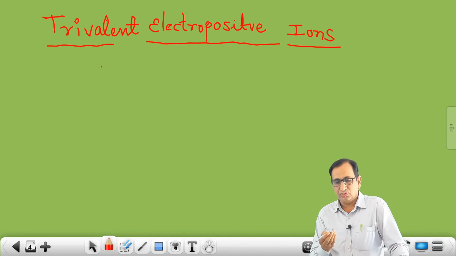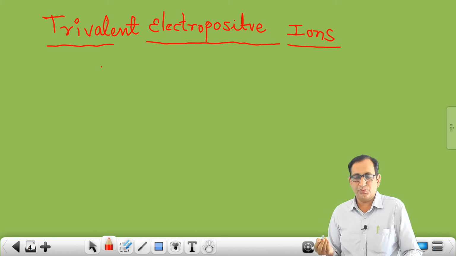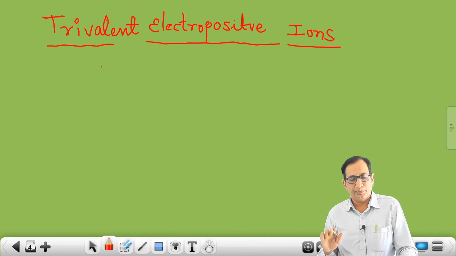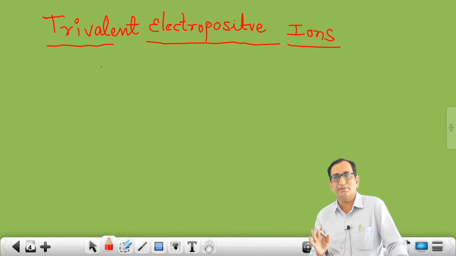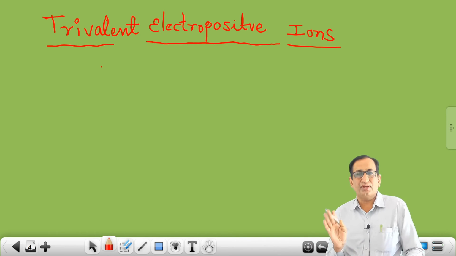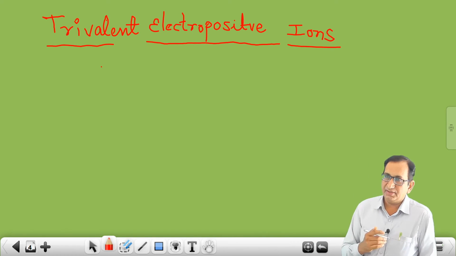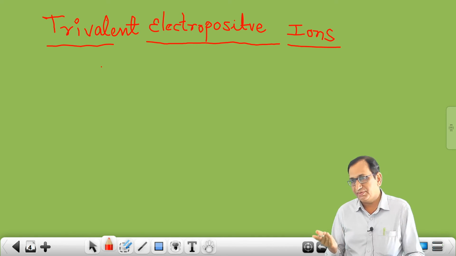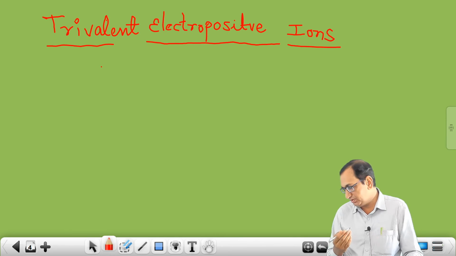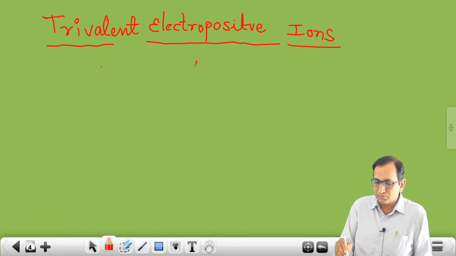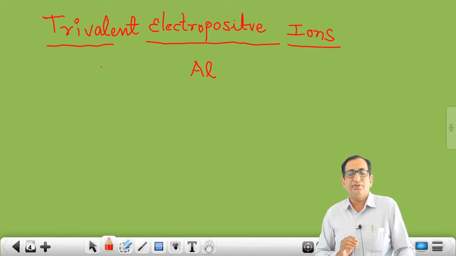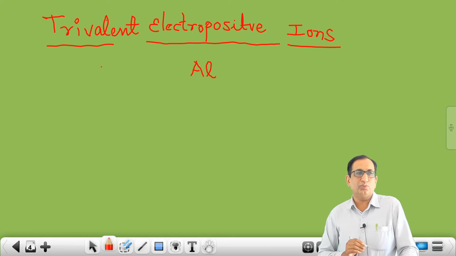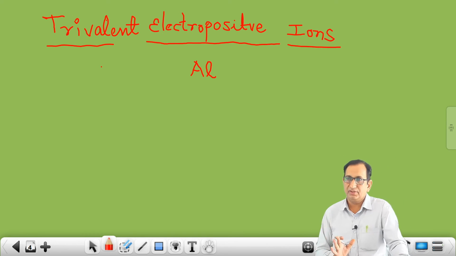Okay students. So in trivalent electropositive ions, for your syllabus, I am talking especially about 9th class, 3-4 are enough. Though many are there for higher classes, for your classes I am writing 3 elements here. Most important is aluminium. Aluminium symbol Al, and in the previous video I told you that the atomic number of aluminium is 13.